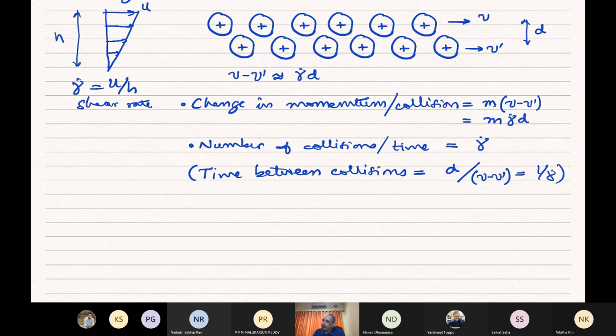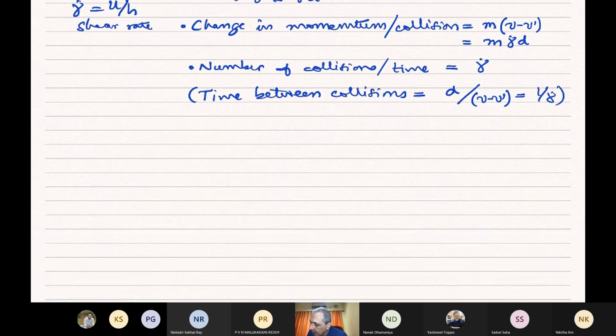So if this is the time between collisions, then the number of collisions per unit time will be the inverse of that. Hence you get gamma dot.